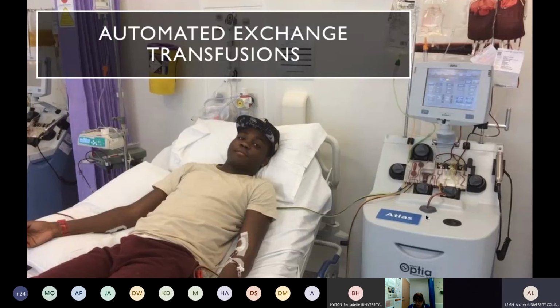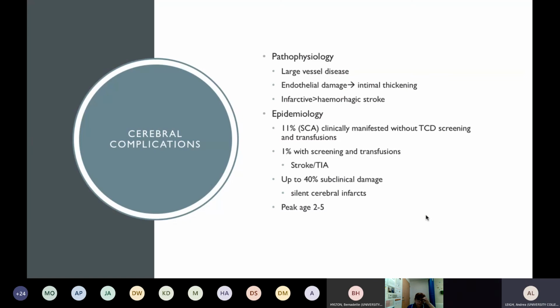I'm going to move on to talk a bit about cerebral complications, because it is quite an important part of the paediatric screening and complications. And it is an issue that we do see in lots of children. Now, not many, as I said, have overt stroke anymore due to screening. But what we do see is this large vessel disease.